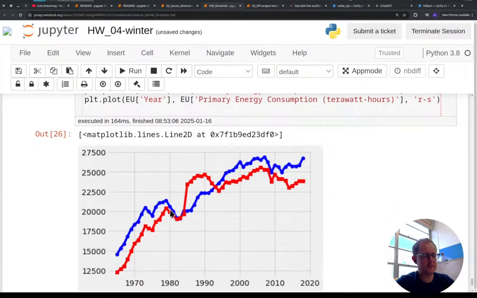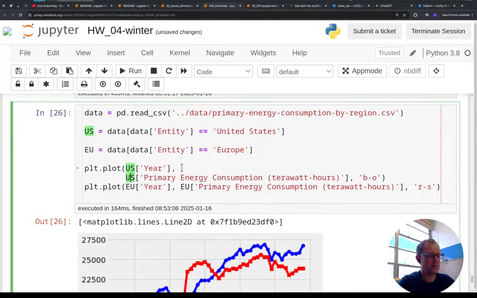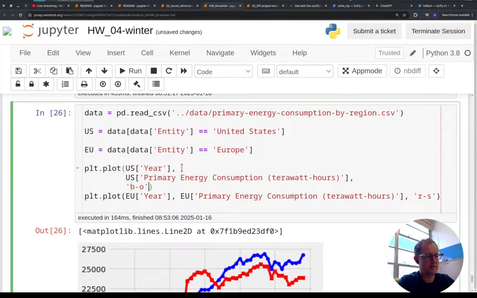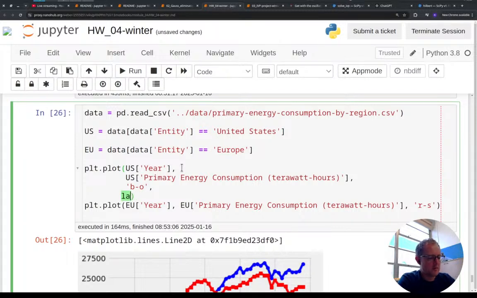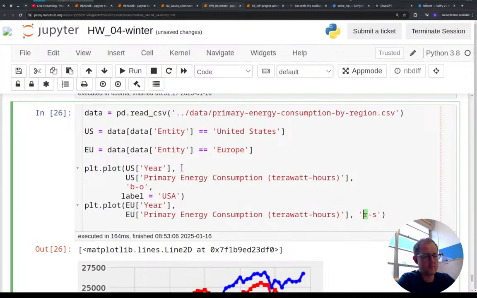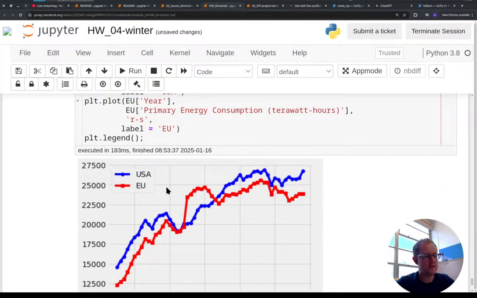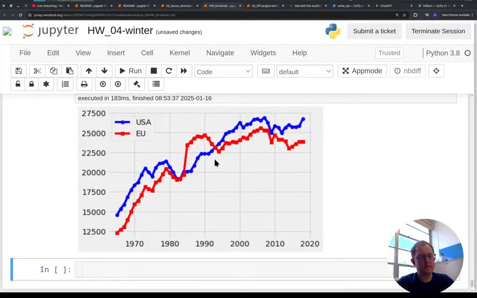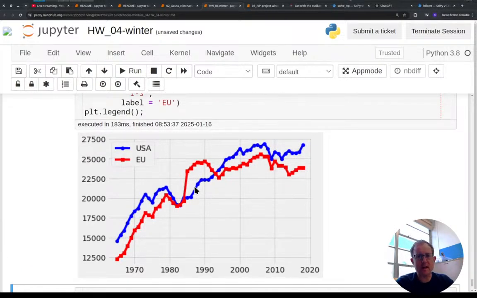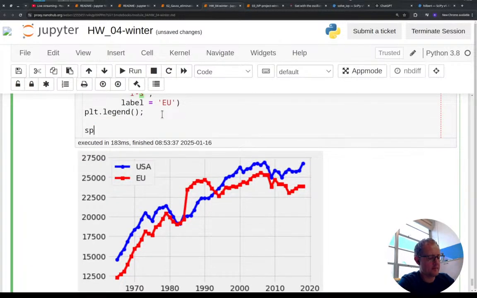So Europe is this red line, US is this blue line. Never hurts to label, right? USA, EU, cool.